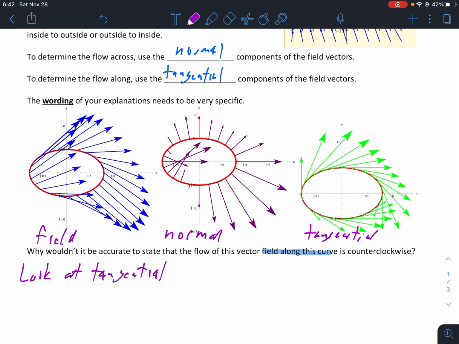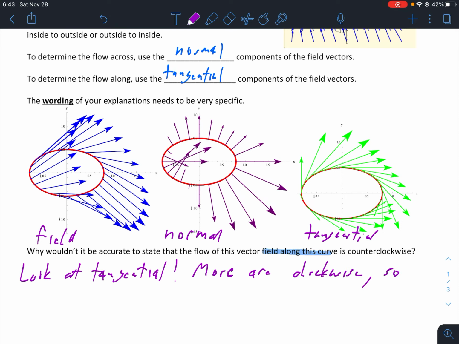If you look at the tangential, you want to look at whether more of them are clockwise or more of them counterclockwise. Sometimes it's pretty hard to tell, but this one looks pretty simple: there are more of these vectors pointing in the clockwise direction, and the clockwise ones are a lot longer too. So we can definitely say that more vectors are pointing in the clockwise direction.